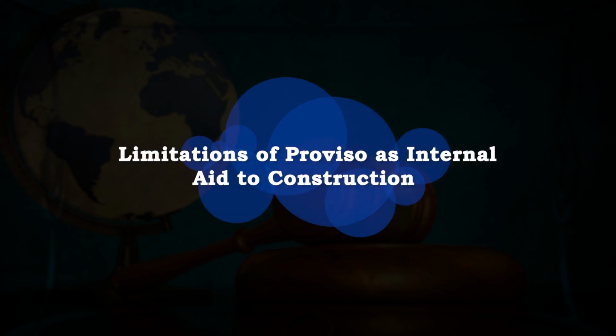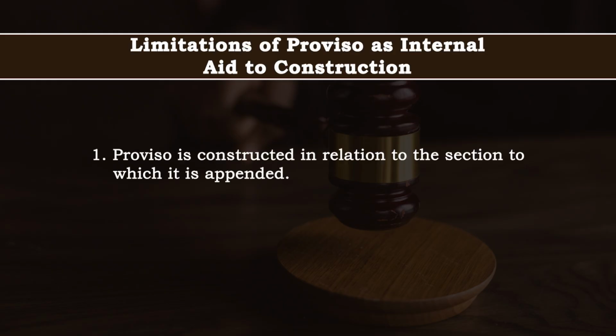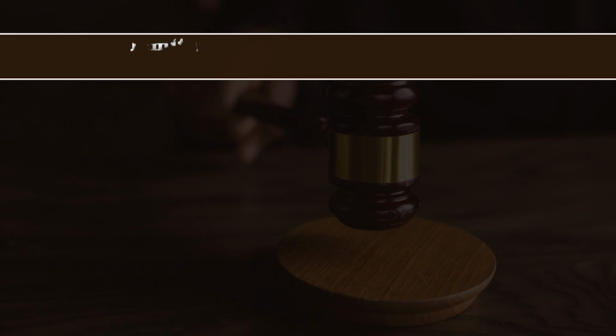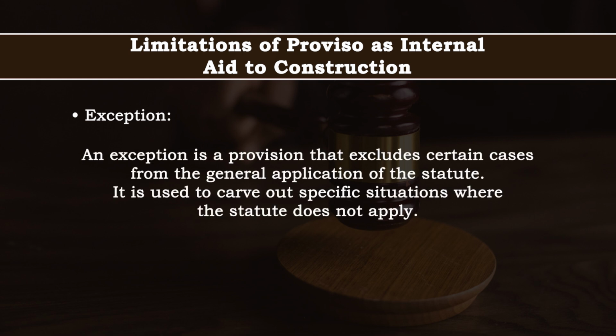Now we have the limitations of the proviso. Firstly, a proviso is construed in relation to the section to which it is appended. Another limitation is that the ambit and scope of enacting sections cannot be widened or curtailed by the proviso. Now we have another internal aid to interpretation, that is exception.